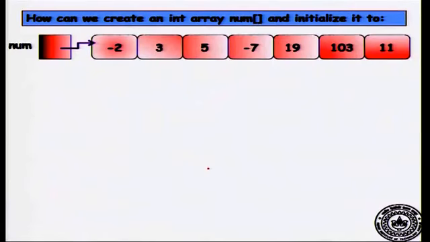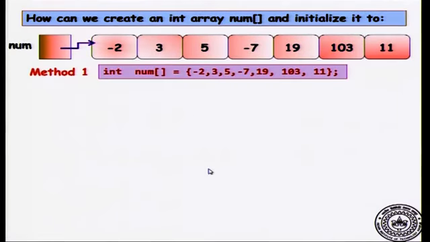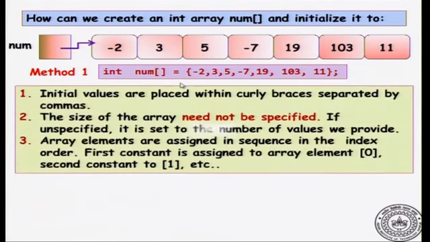C allows you two ways to do it. The first is I declare an int num[] and then specify the initial values, -2 and so on up to 11, within curly braces. So, this is one way that C allows you to do this. The initial values are placed within curly braces and separated by commas.